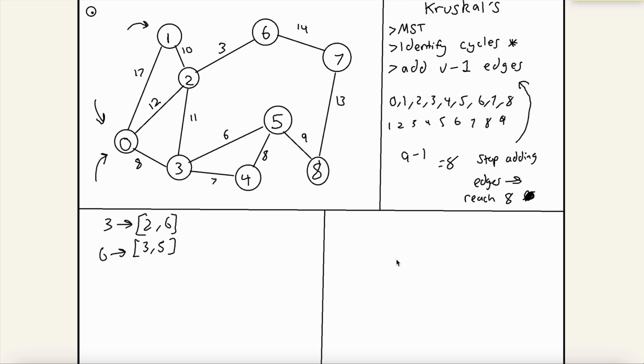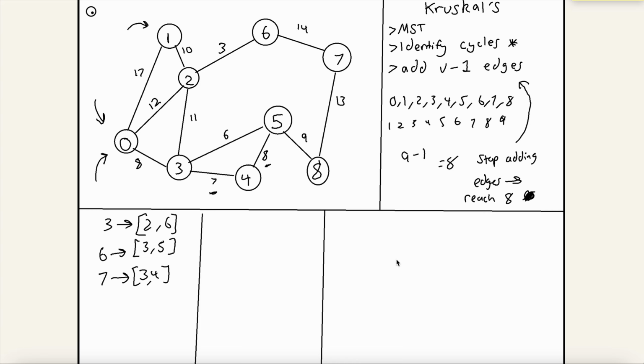So following on, our next smallest edge weight looks like it's this 7 over here. So 7 connects 3 and 4. Let's just put a little line here. And then after this, we have 8.